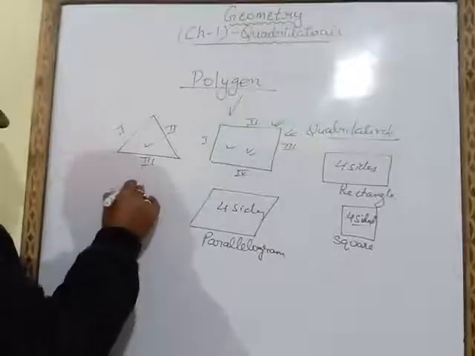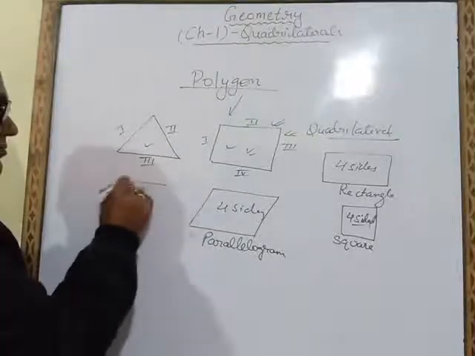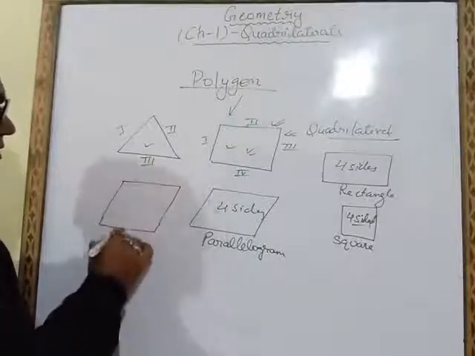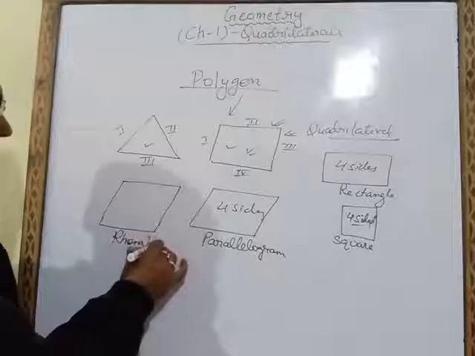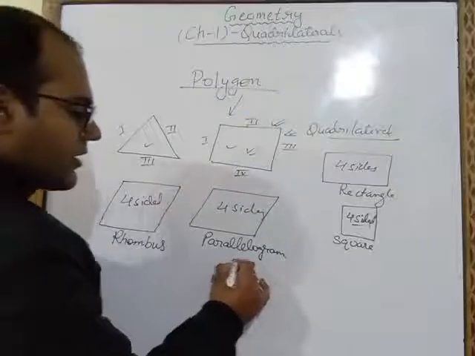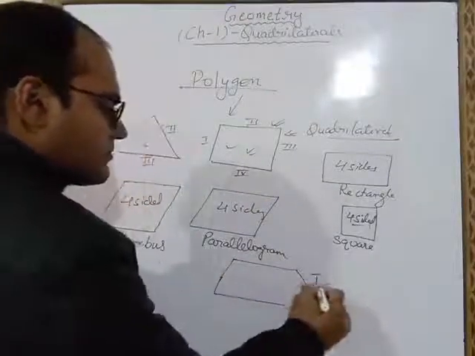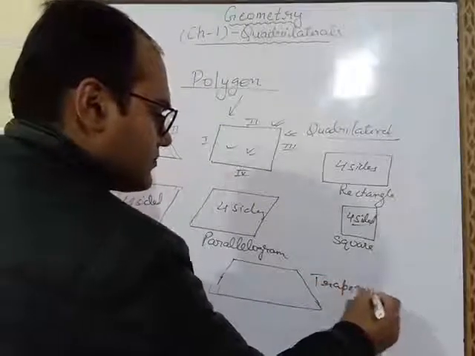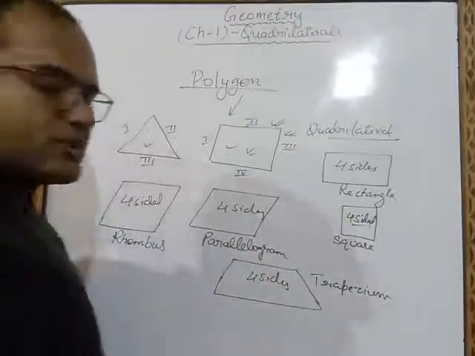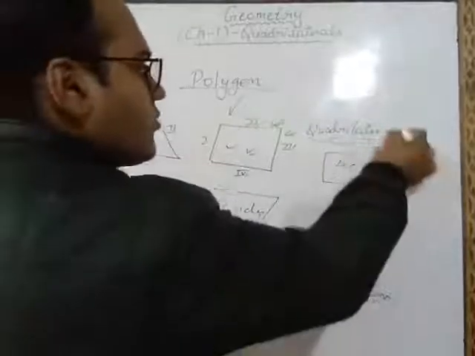The fourth example is the rhombus. It is also a four-sided figure. Another example is the trapezium. It is also a four-sided figure. So all such figures having four sides come under the category of quadrilateral.